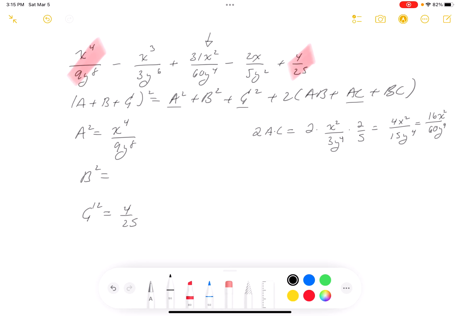Well, I'm seeing it, and I'm wondering what I have to do. Well, I know if I did a times c, I'd get the 31x squared over y^4, right? So I'd have to add something on, wouldn't I?